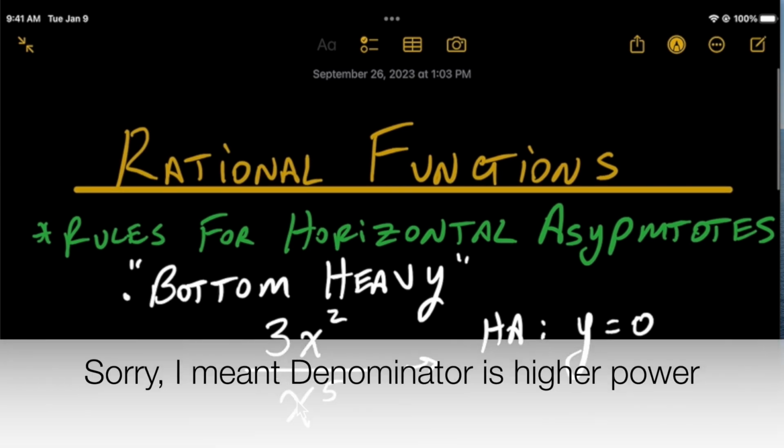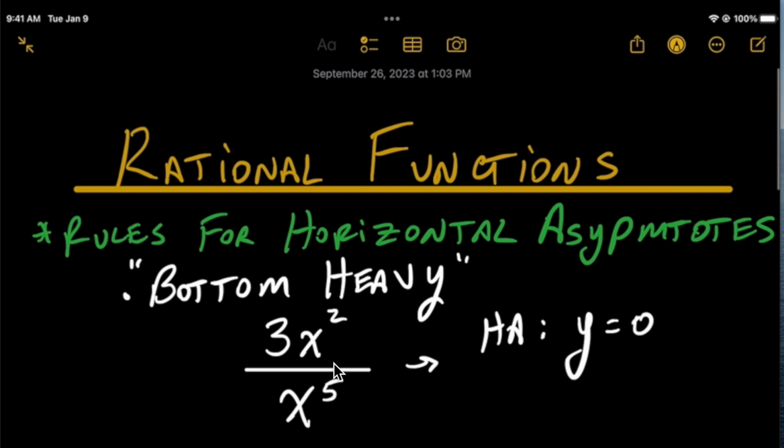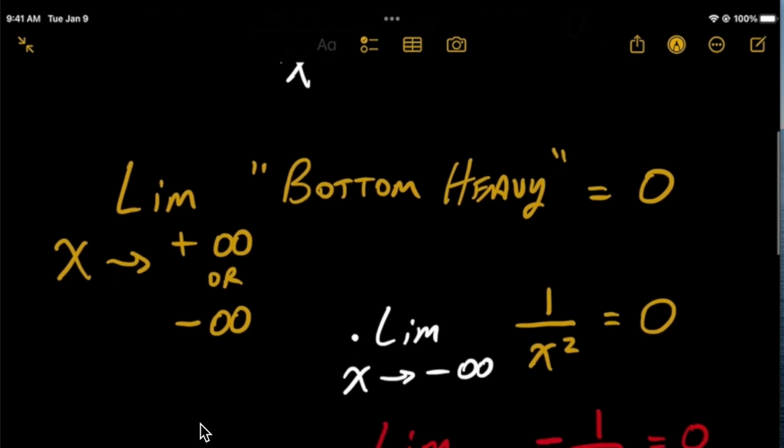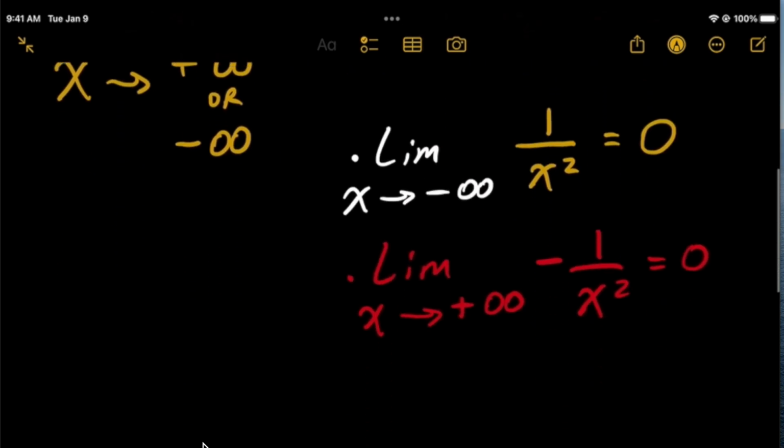Recall, if the degree in the numerator was less than that in the denominator, a so-called bottom-heavy rational function, you had a horizontal asymptote at y equals 0. So let's look back at these two functions that we were considering initially, and let's look at their graphs.